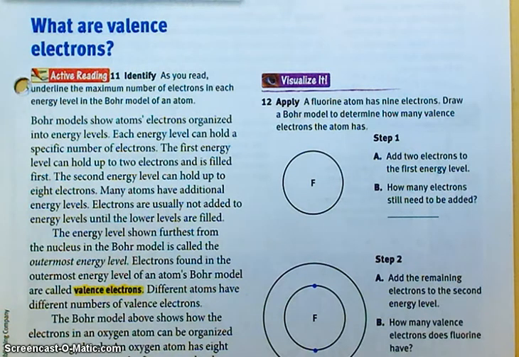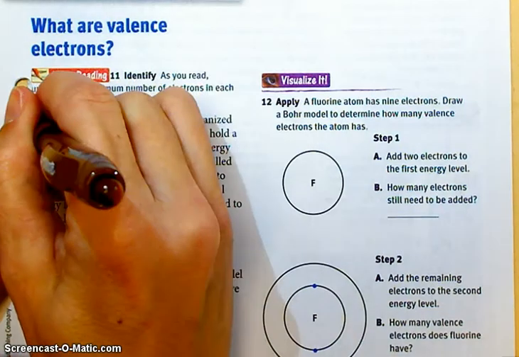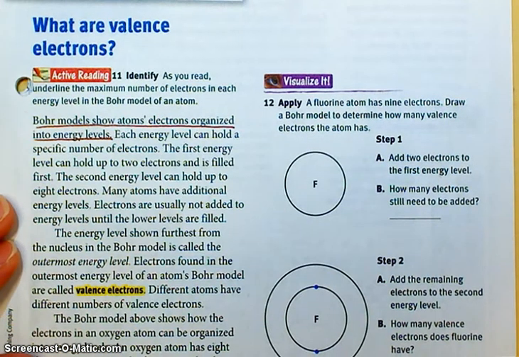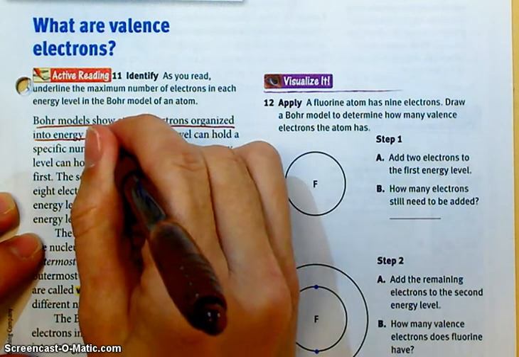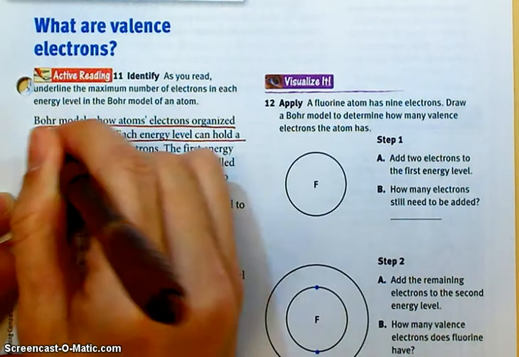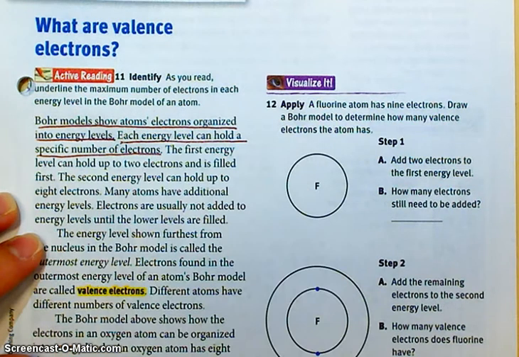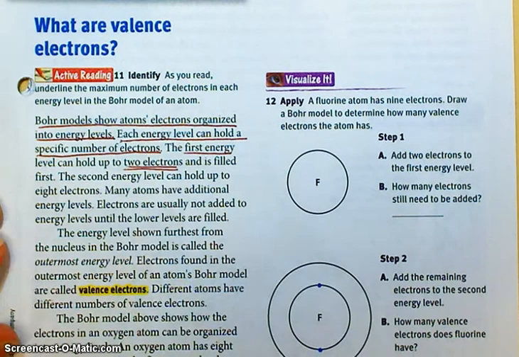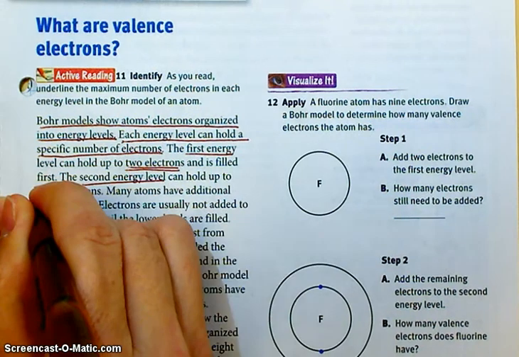Bohr models show atoms' electrons organized into energy levels. We've already seen that because we've actually drawn some Bohr models already. Each energy level can hold a specific number of electrons. The first energy level can hold 2. The second energy level can hold 8.